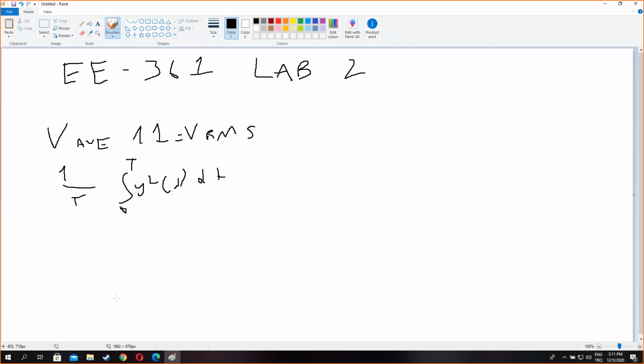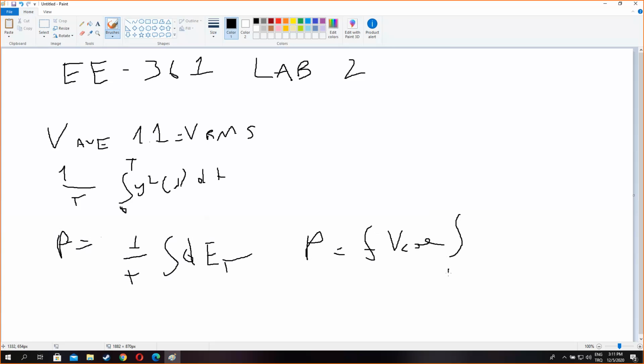When it comes to the BH curve calculation, there are two equations in the lab manual, which are P equals 1 over T integral of e dt, and P equals f V_core integral from B1 to B2 of H dB.